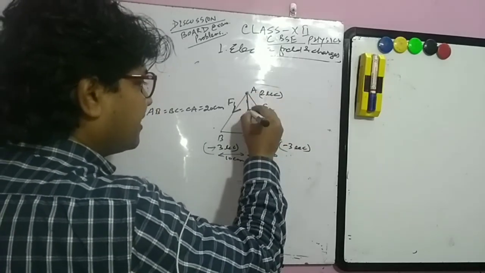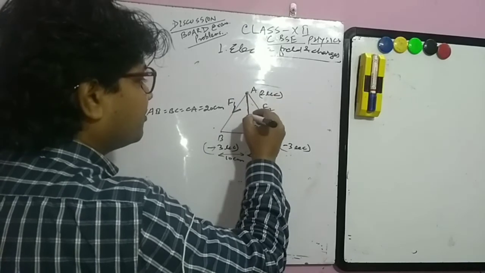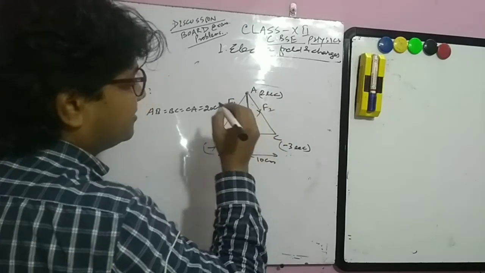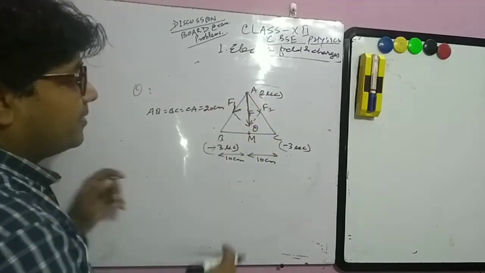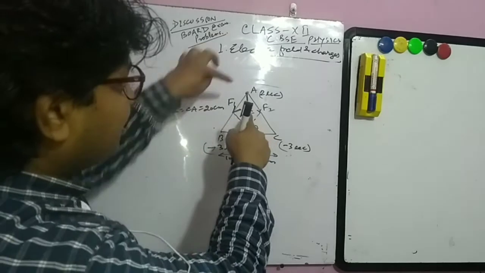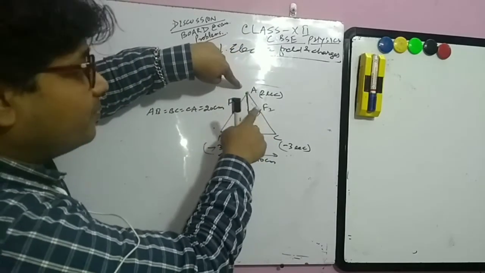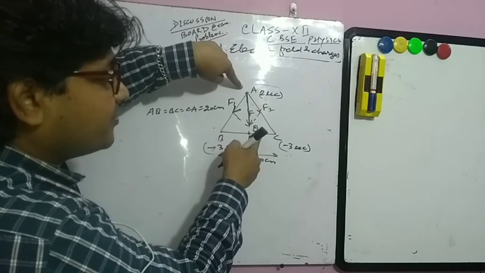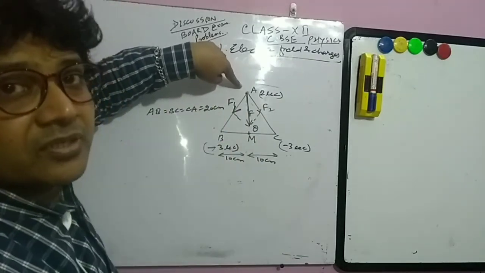So the net force of attraction will be towards this, right? This is our F, this force, right? So if we want to place it in equilibrium, this force must be balanced by the charge placed at M, right?